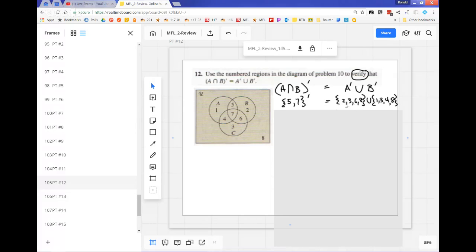That's this first set I have there. And then we want to also unite that with B complement, and that would be 1, 4, 3, 8. So all I'm doing is substituting numbers in place of the letters so far.